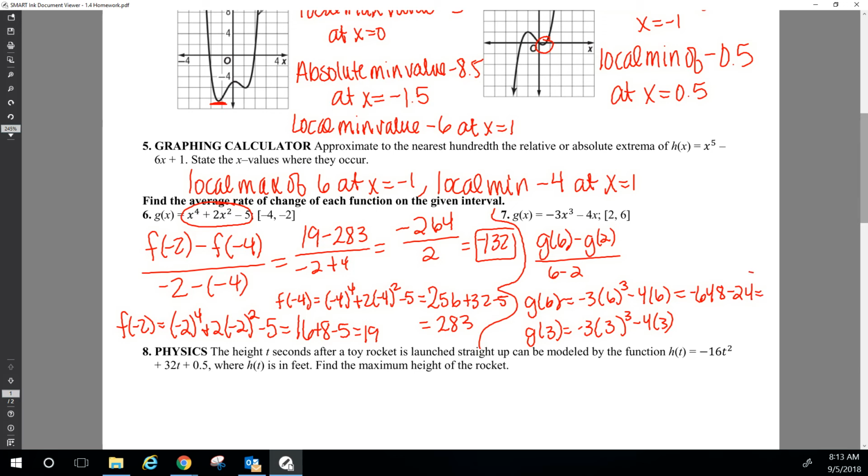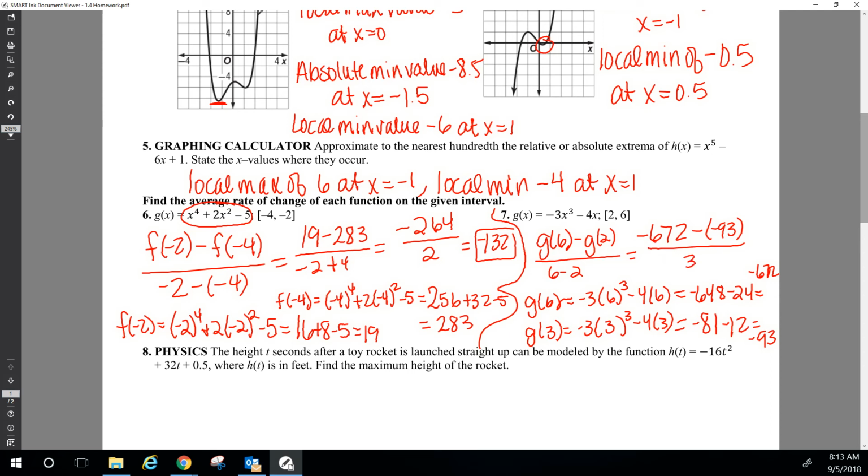So that's -672. And then 3 cubed is 27 times the -3 would be -81. -4 times 3 is -12. So that's -93. So I've got -672 minus a -93 all over 6 minus 2, which is 3.